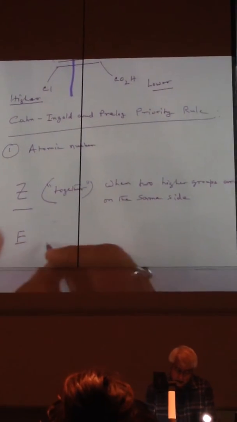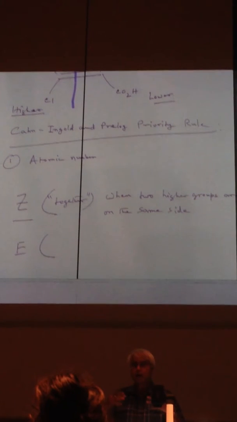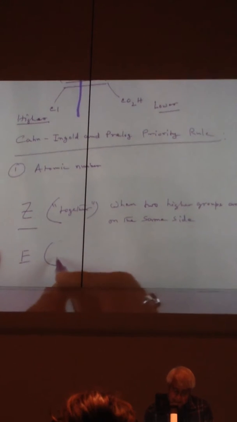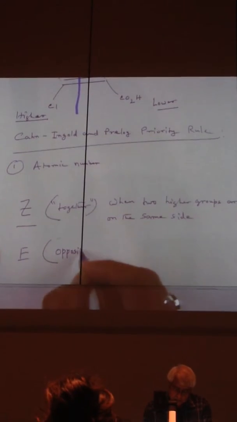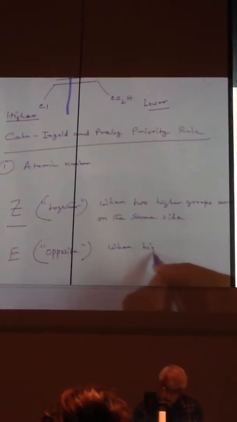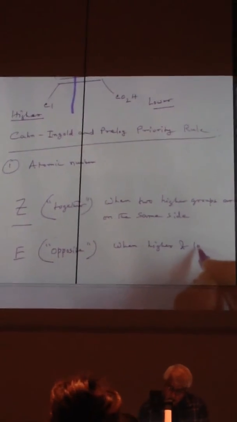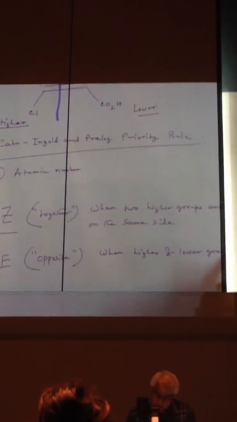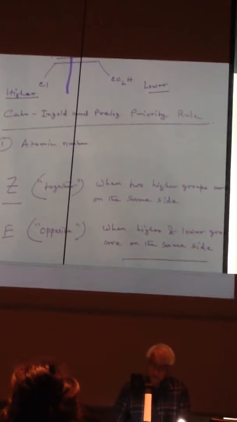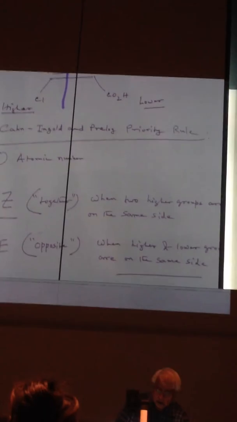Or E, which is actually another German word, entgegen, which means that they're opposite, when higher and lower groups are on the same side.